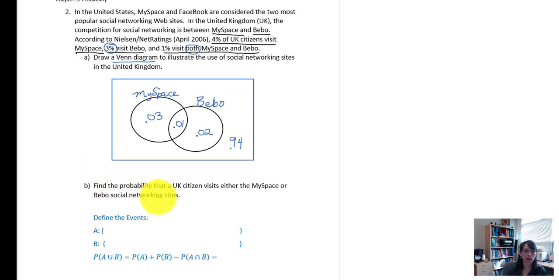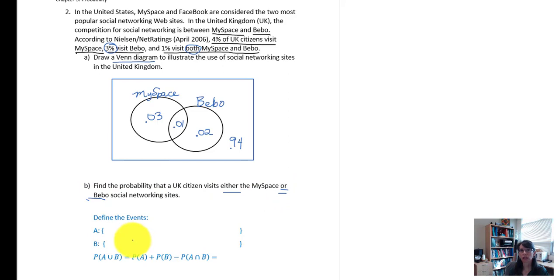For part B, we want to find the probability that a UK citizen visits either the MySpace or Bebo social networking sites. The word "or" is a clue. If we're looking for MySpace or Bebo, that means we are looking for the union of those events.